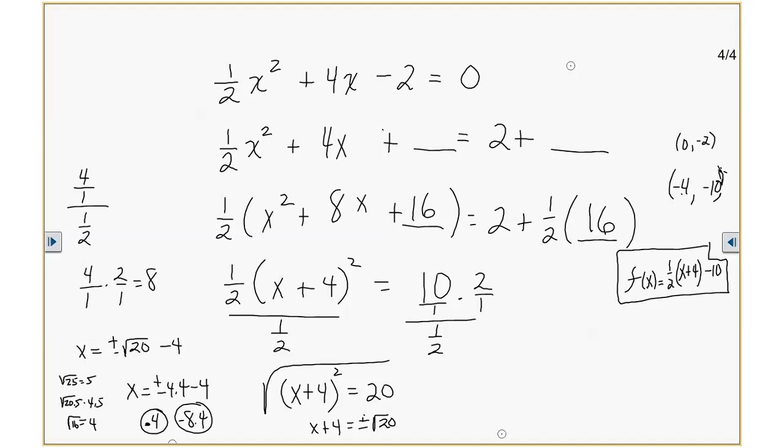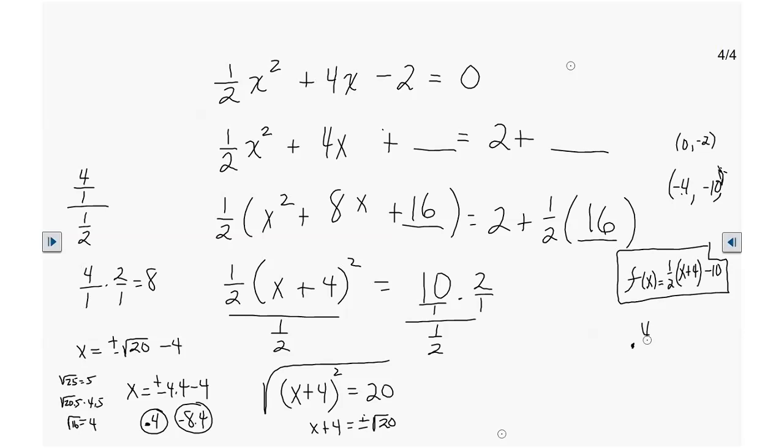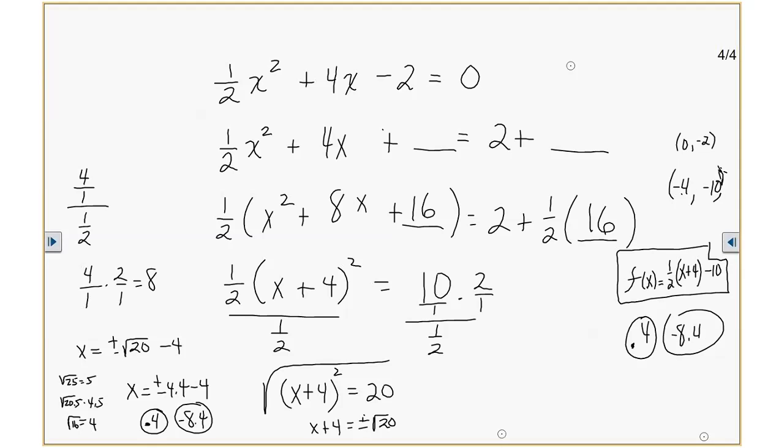So our x-intercepts are 0.4 and negative 8.4. Then we have the vertex, negative 4, negative 10, and the y-intercept, 0, negative 2.